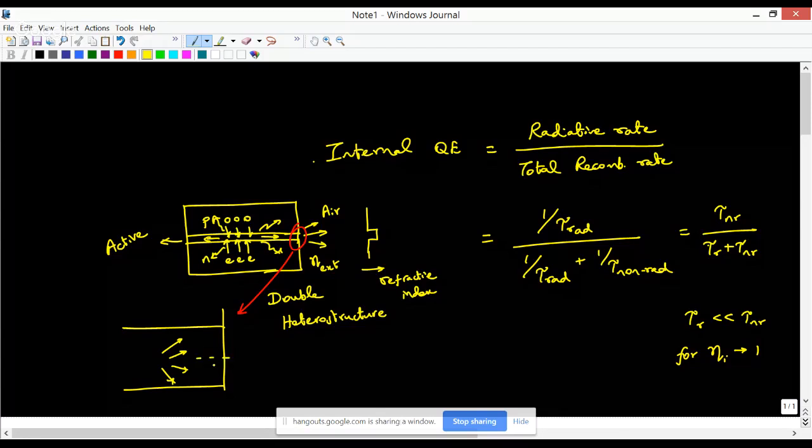But when it comes here, it has to be within a cone of angles where it can still escape the medium.